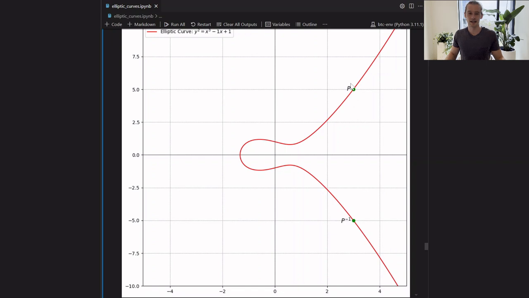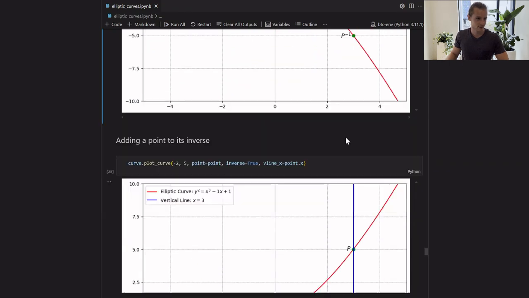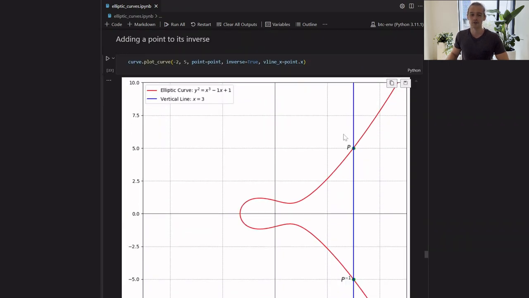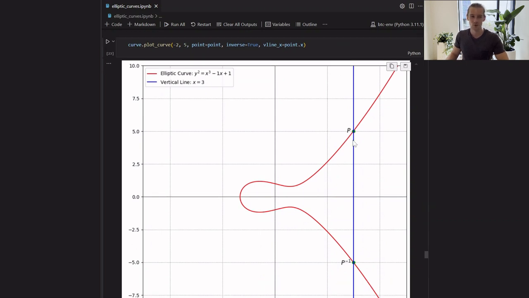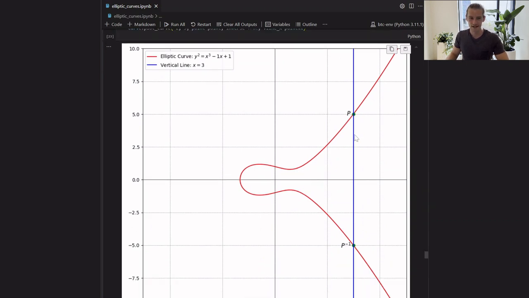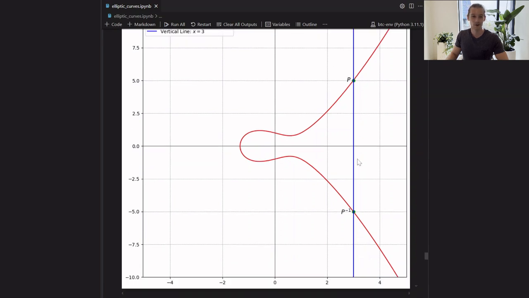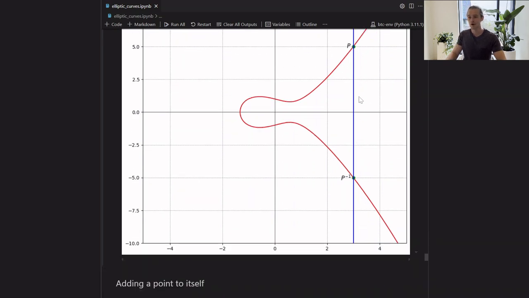The inverse element, again, if you have a point P here, then the inverse element is just the point reflected over the x-axis, as we said. Adding a point to its inverse. Now, if you add a point to its inverse, then you would again draw the straight line that goes through the 2 points. Now, in this case, this is a perfectly vertical line.